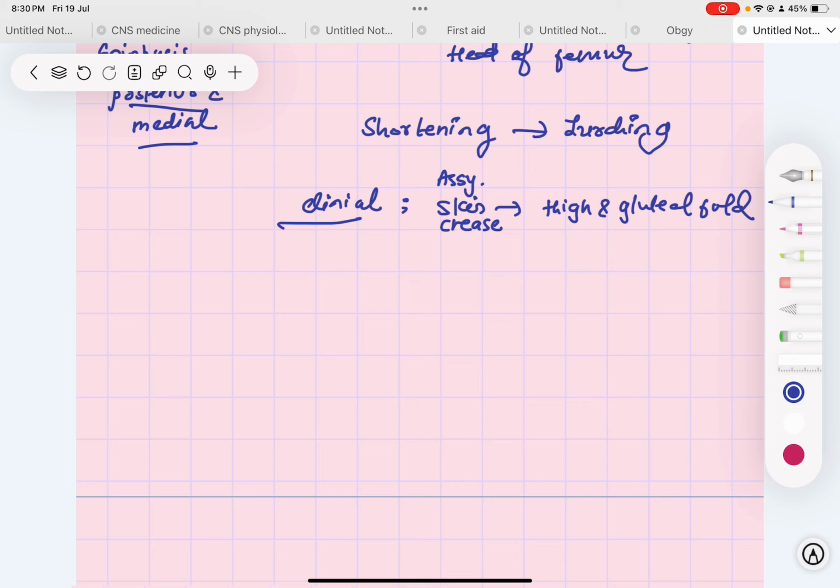And there are various tests to check for DDH. First is the Ortolani test, in which we are abducting and pulling the hip joint and checking for the clunk of entry.